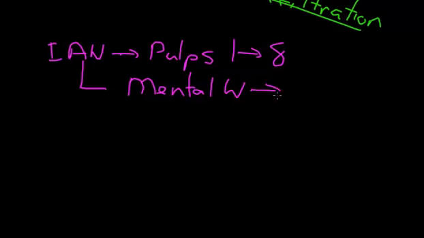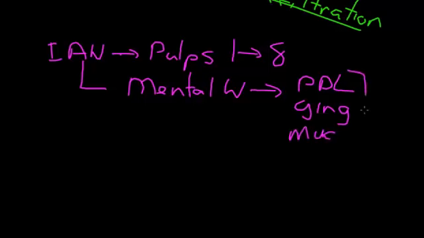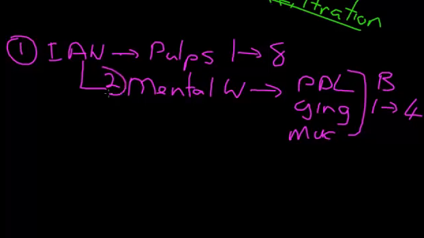and that supplies the periodontal ligament and the gingiva and the mucosa to the buccal of the 1, 2, 4 region. And then the other nerves in this story, so that's 1, we'll call this 2, even though it's a branch of 1, we probably should call it 1A really, but we'll call it 2.